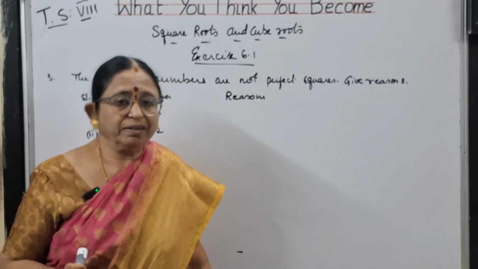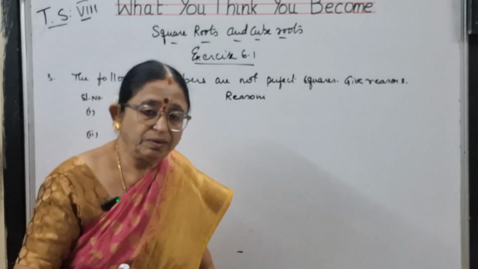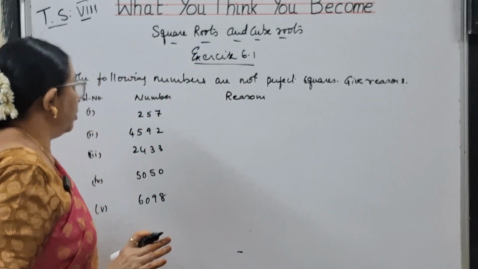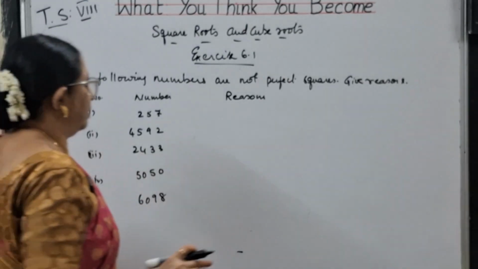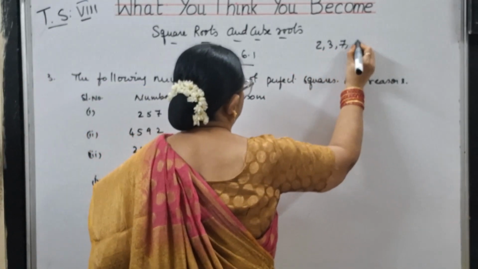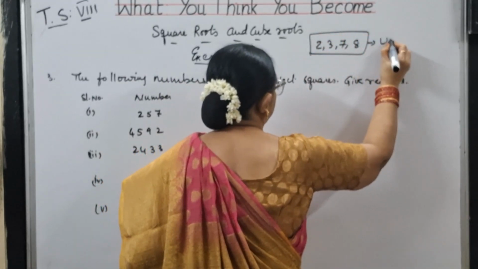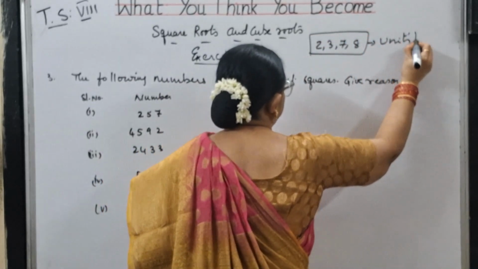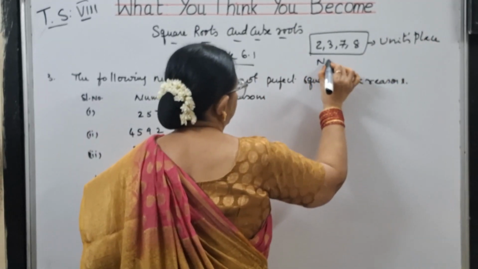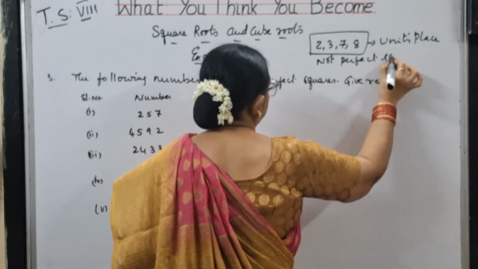Why are they asking this? In the first class, I think I told you that if certain numbers are in the units place, then they are not perfect squares. I said 2, 3, 7, 8. If these numbers are in the units place, then the numbers are not perfect squares.